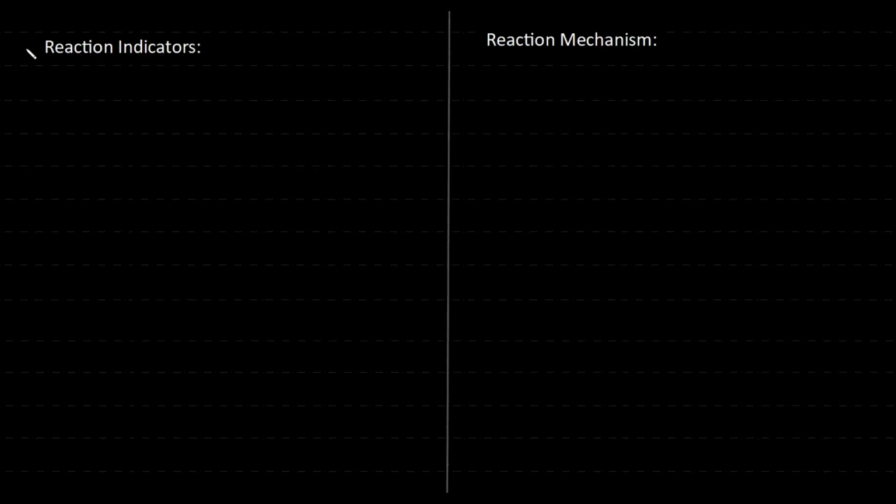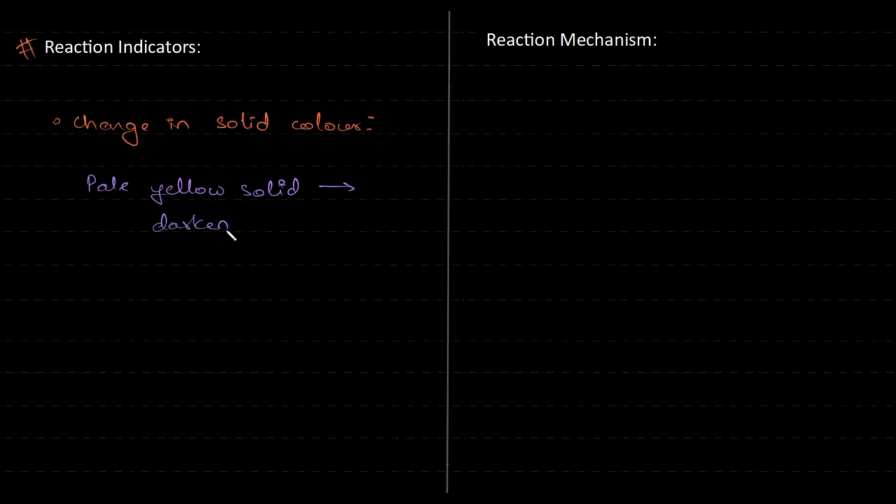Now, how can you figure out that the reaction has happened? First is, of course, there is change in solid color. So here we have a pale yellow solid silver bromide that will gradually change to darken to gray or black color.